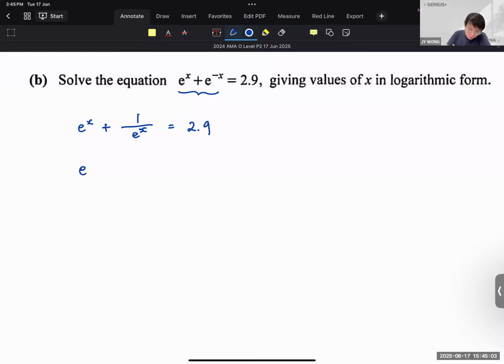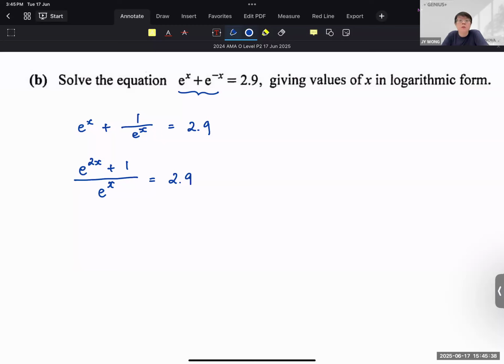And so this will give you e to the power of 2x plus 1 over e to the power of x equals 2.9.